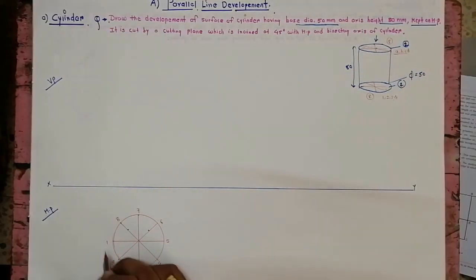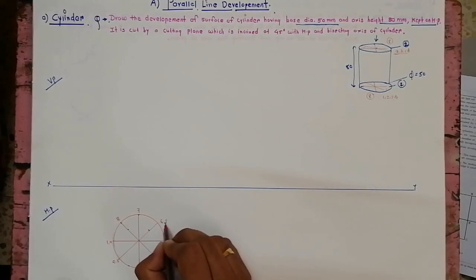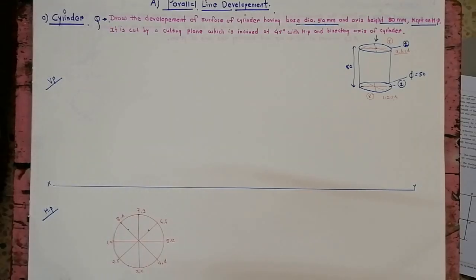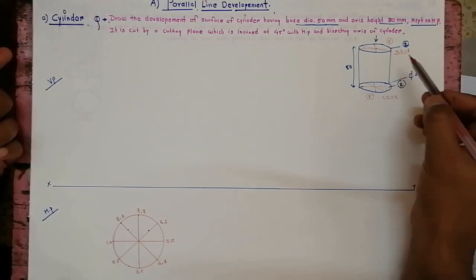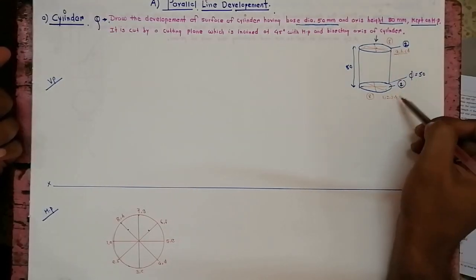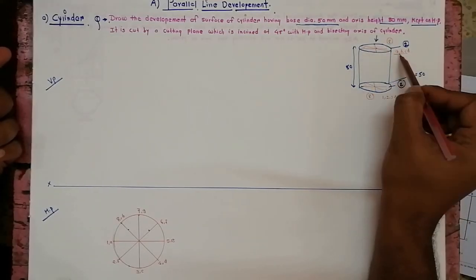So I am giving the nomenclature as A, then this is B, then this is C, D, E, F, this is G and H. So you have to be very careful while giving the nomenclature when it is a problem of cylinder. It is having two circles, so you have to give the nomenclature twice. One is for the base circle and another is for the top circle.